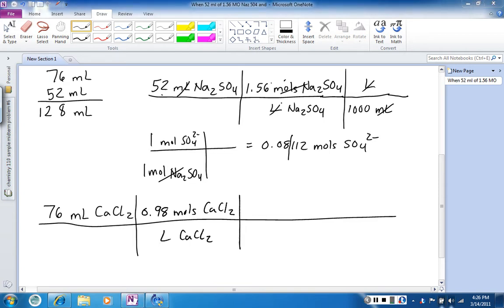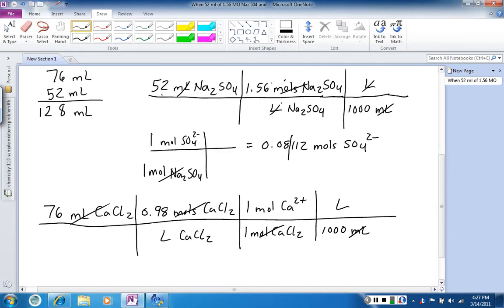Okay. We can go ahead and do a ratio now if we want to. We got one mole CaCl2 for 1 mole of Ca2 plus. Okay, we still have to convert our volume. There's 1,000 milliliters in a liter.